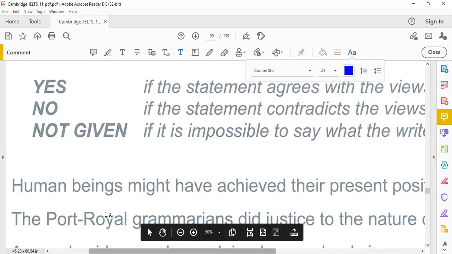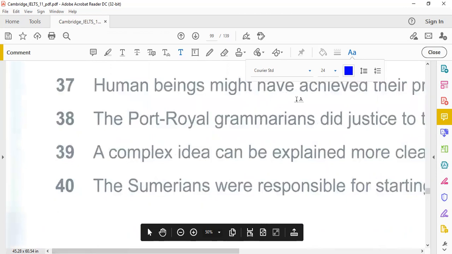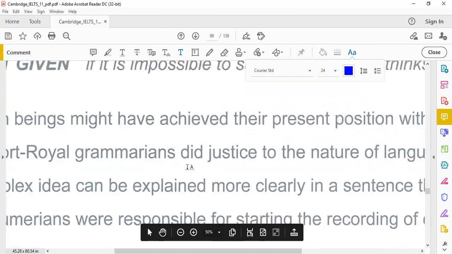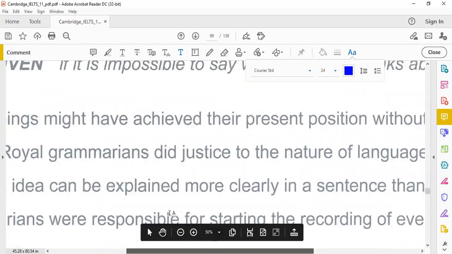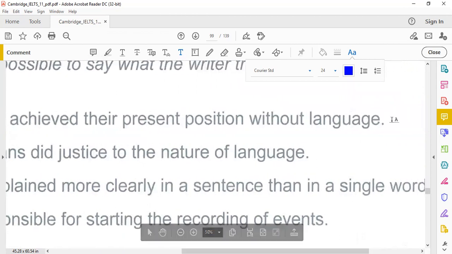This is my advice. And 37, human beings might have achieved their present position without language. No, this is not true.